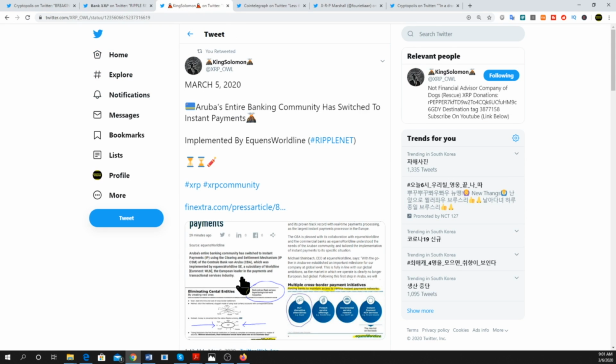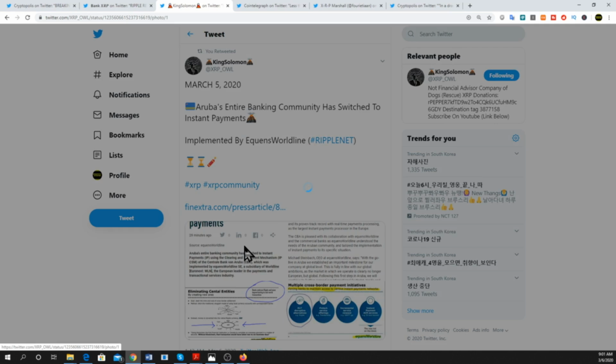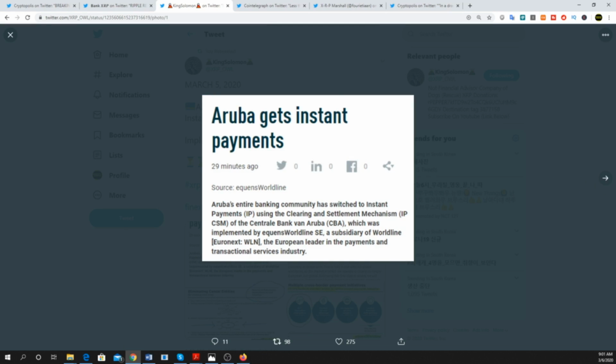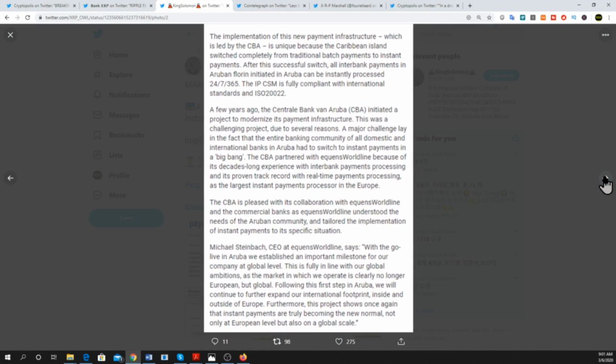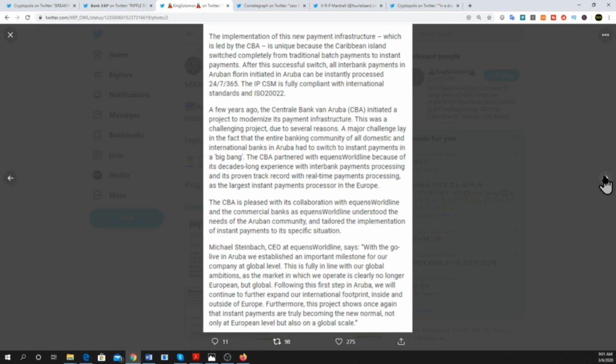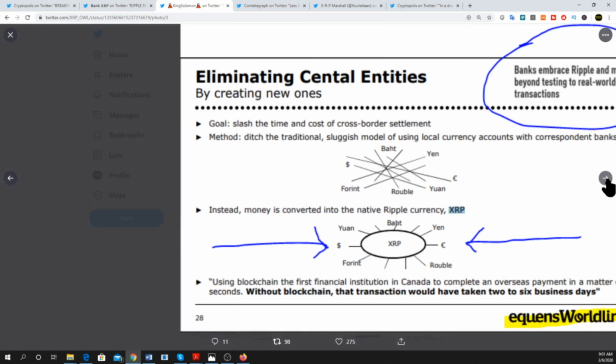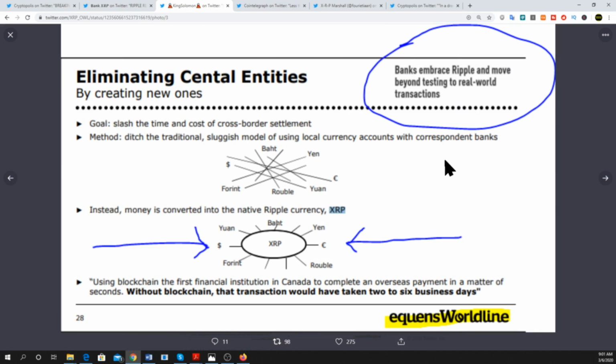Now the next one here is from King Solomon, and if you look at it, you can see the payments which they are talking about, the clearing and settlement mechanism. What you understand from this is, with the go live in Aruba, we established an important milestone for our company at a global level. So see, companies are coming in, joining this one and embracing this technology and making a mark at the global level.